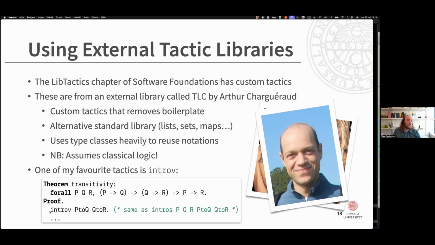And this is exactly what intro V does. It jumps past all the quantified variables and instead it just lets you give names to these things. So that on its own is enough to use the TLC library, in my opinion.